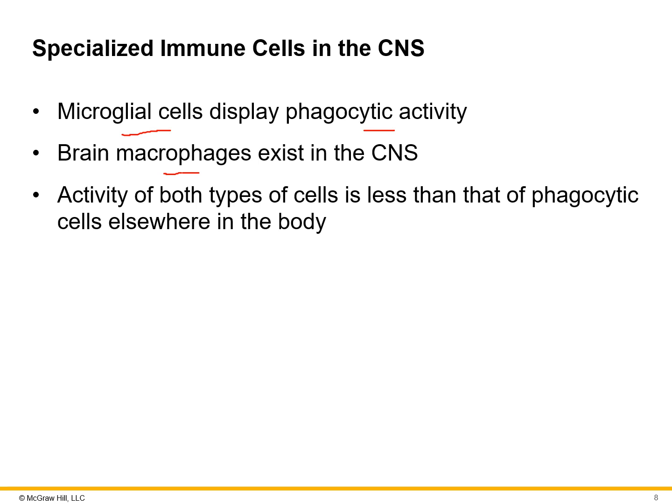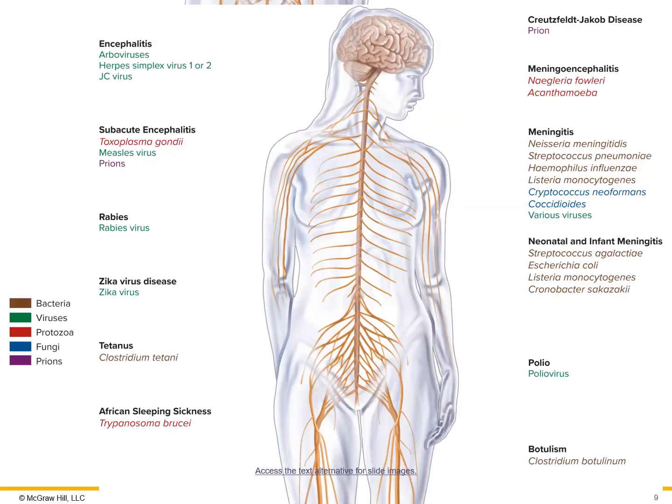But compared to other tissues in the body, they have fewer phagocytic cells to go through phagocytosis and present those molecules. And even the brain macrophages and the microglia that go through phagocytosis are going to do that less often than other cells in the body.